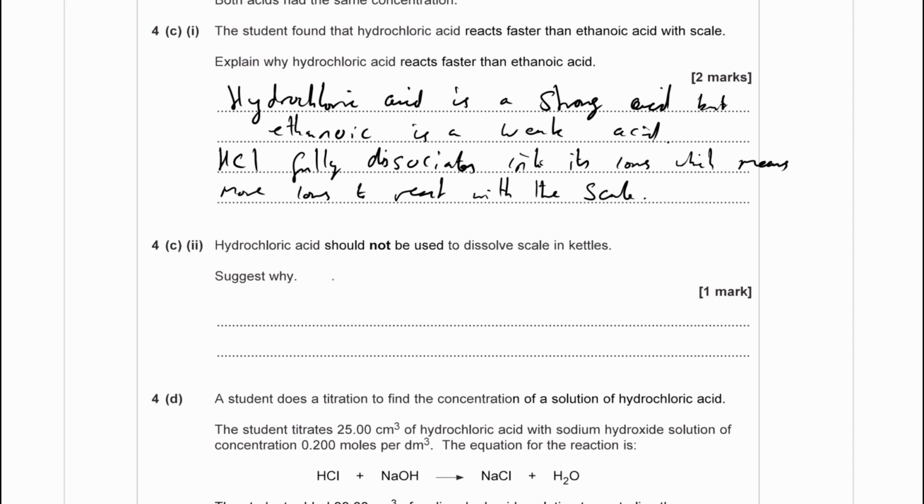It's a corrosive chemical, and that means it's actually going to start to break down the heating element in the kettle. So I'm going to say HCl is corrosive. Alright, and therefore I've spelled corrosive wrong, haven't I? It's only one S, and can break down heating elements.